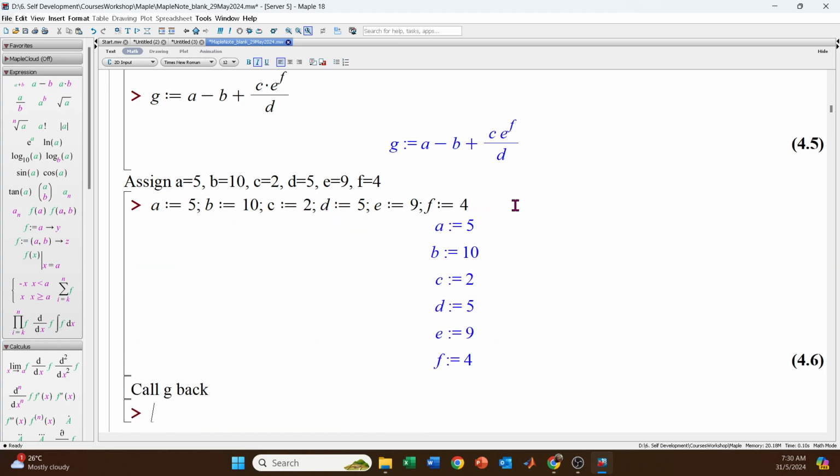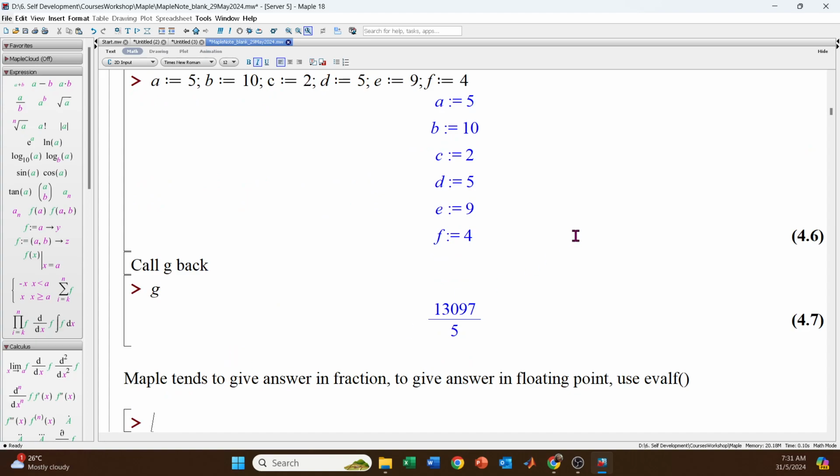Okay, and then initially if you assign G is A minus B plus C times E power F divided by D, so it gives you also symbolic. And after that, when you assign all the values for A, B, C, E, F, D, then now if you call G, it will calculate.